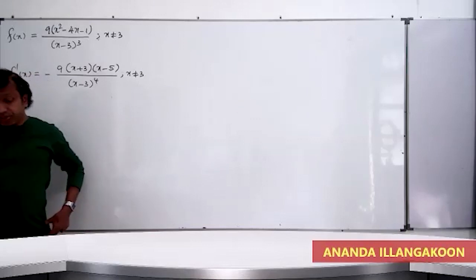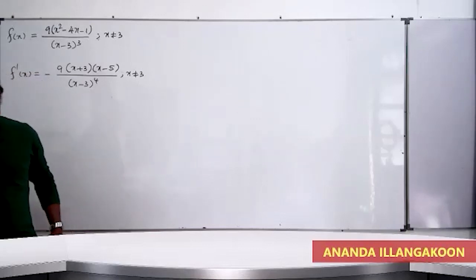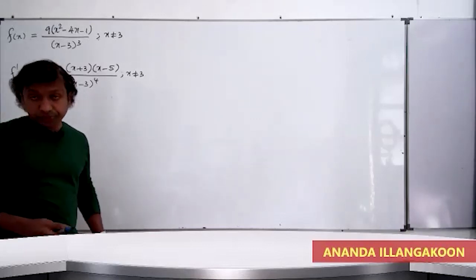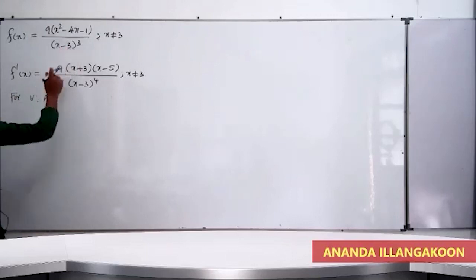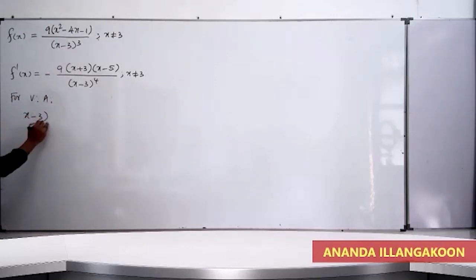First one we'll find vertical asymptotes. For vertical asymptotes, you know this denominator should be 0, x equals 3.